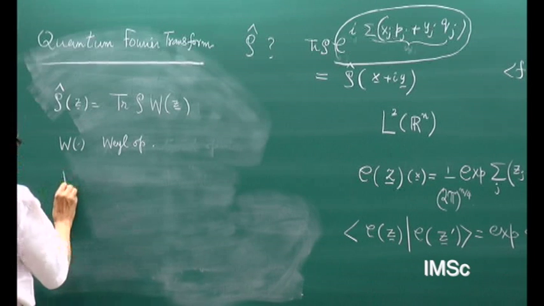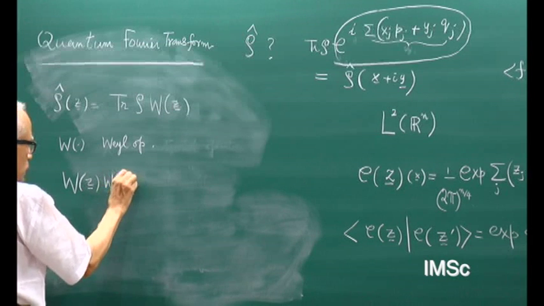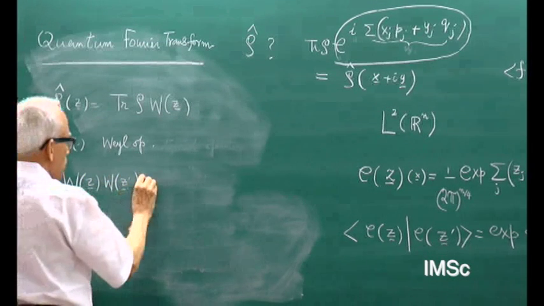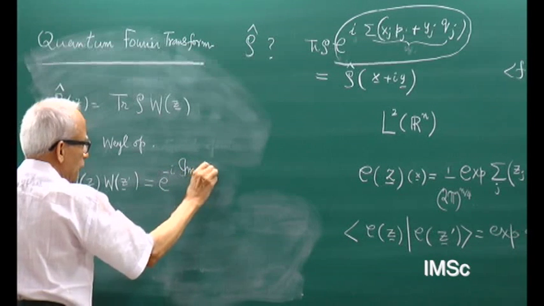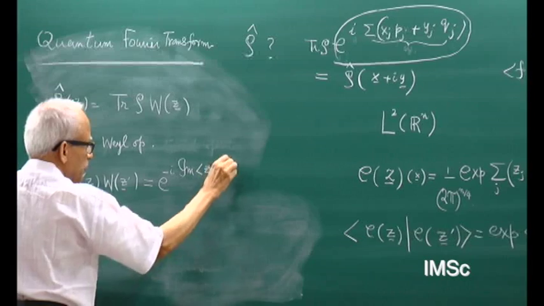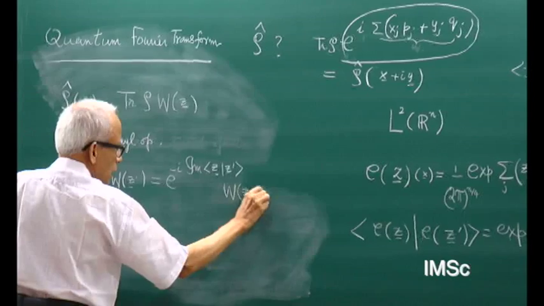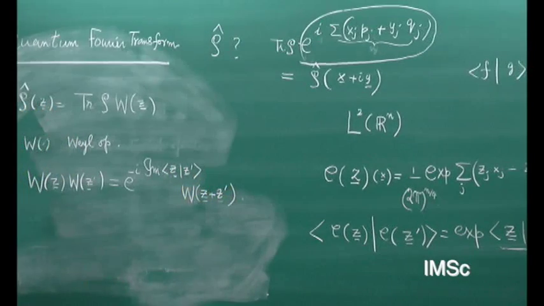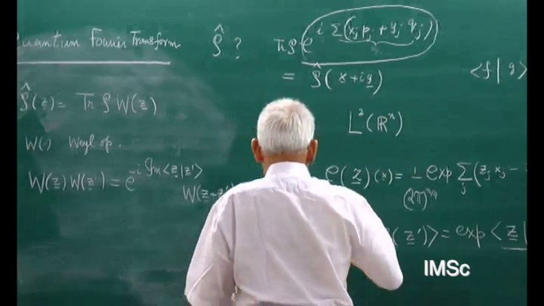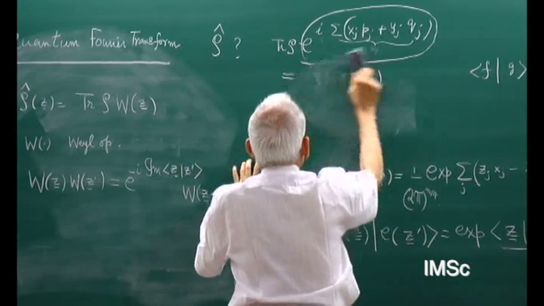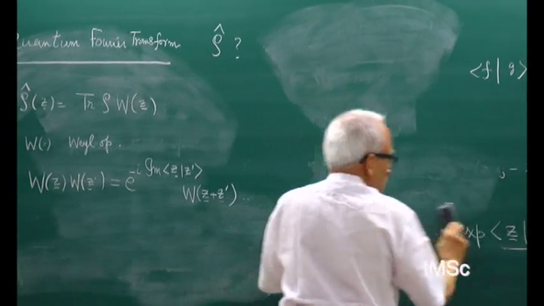So, you have to keep in view that W(z) W(z prime) is not W(z plus z prime), but there is a multiplier here, e to the power minus i imaginary part, for the projective representation, times W(z plus z prime). And we need some basic important properties of this Fourier transform as well as the Weyl operators to do our analysis.